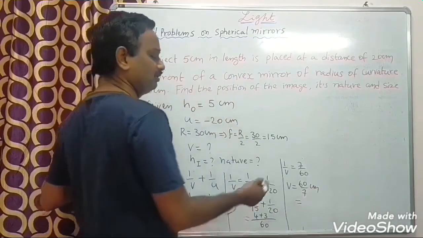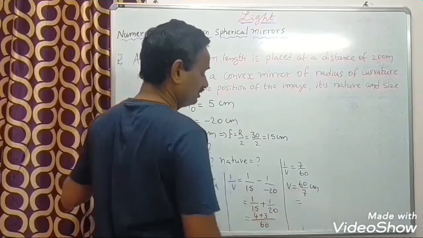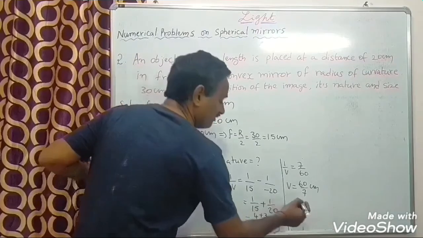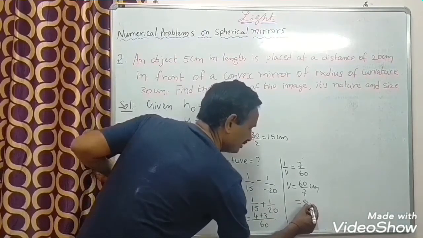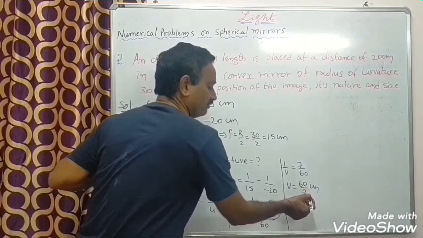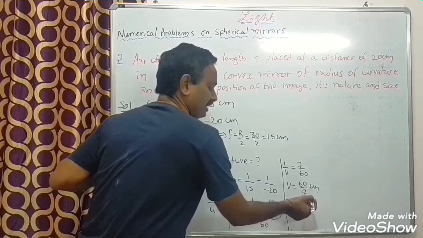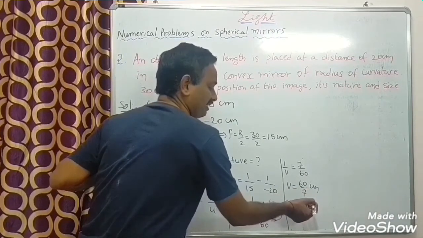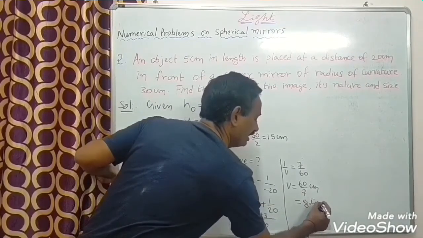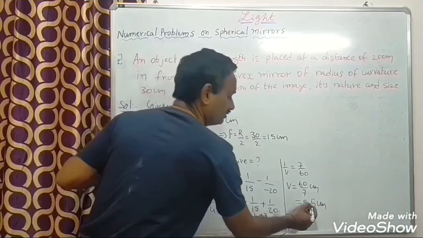60 by 7, you can divide 60 by 7. 7 8s are 56, 4 remainder, that means 40. 7 5s are 35. So I can take 8.5 centimeter.